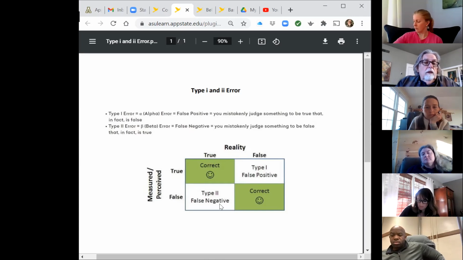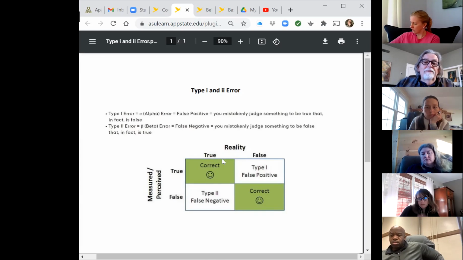Now, in statistics, we can never know or measure a beta outcome. We can never know a false negative because we have no evidence that anything was going on.